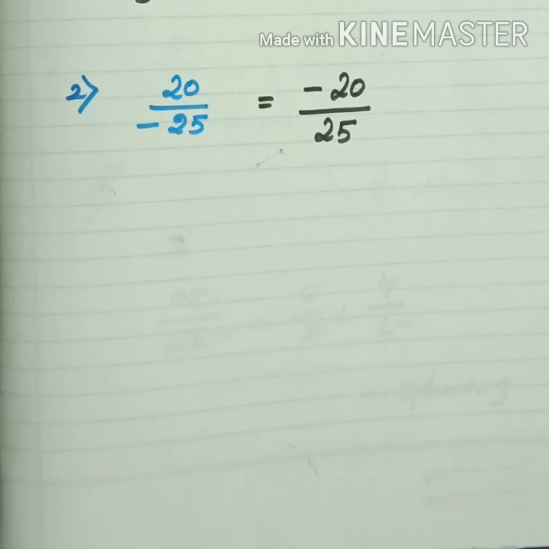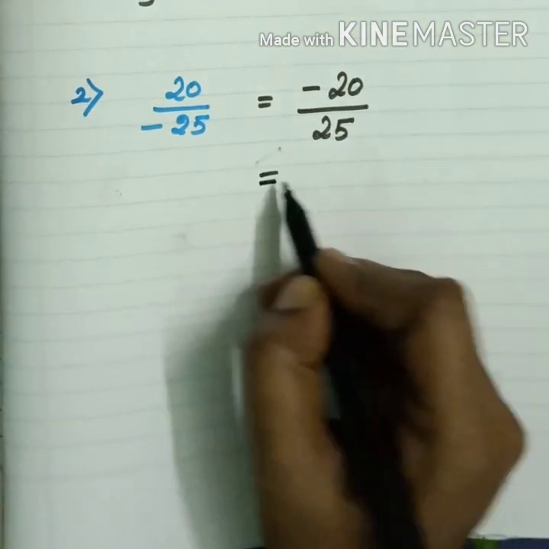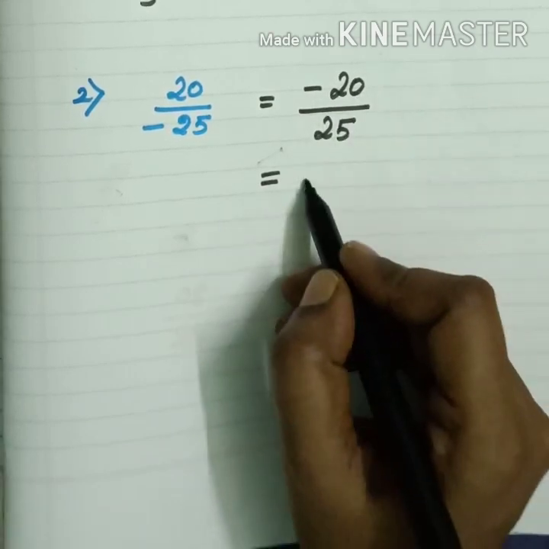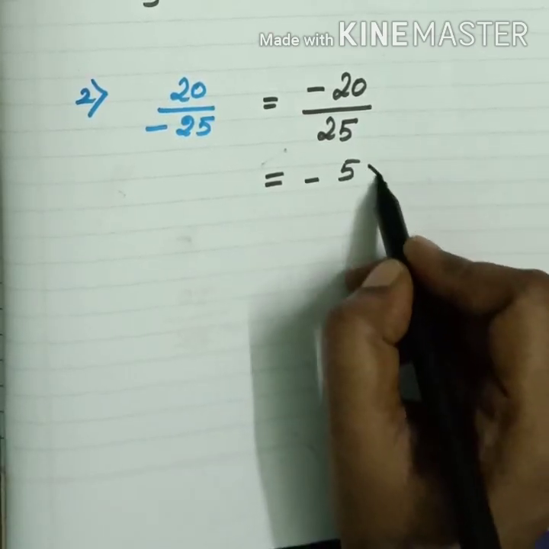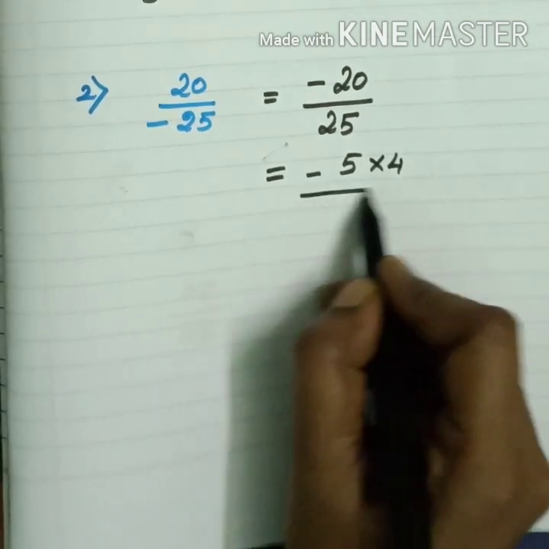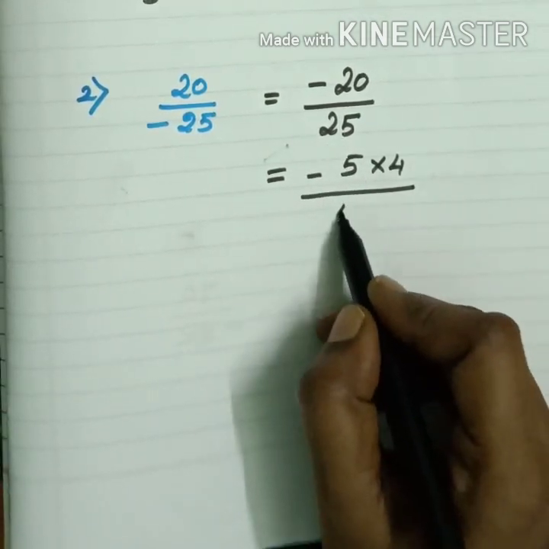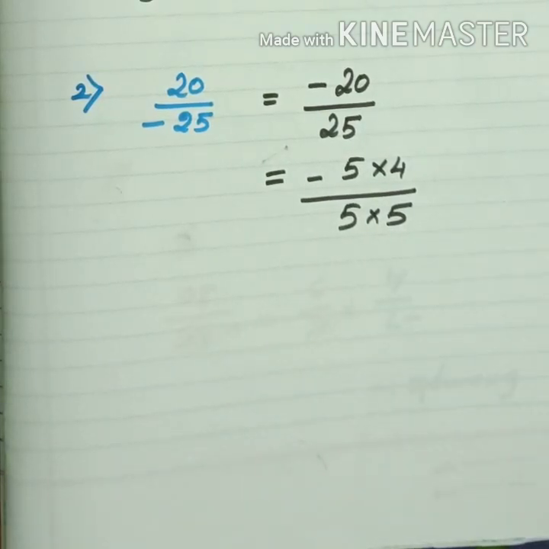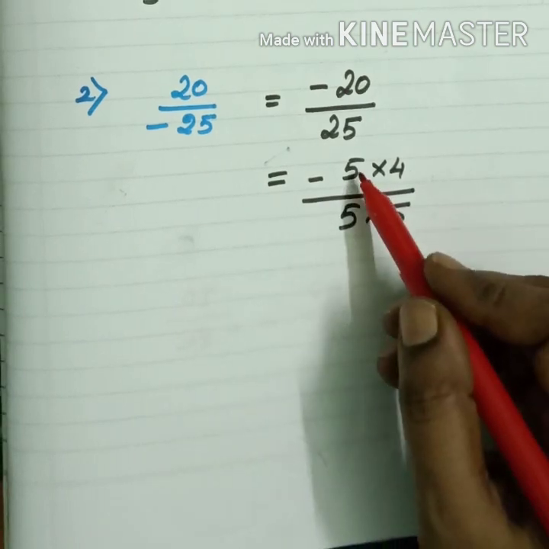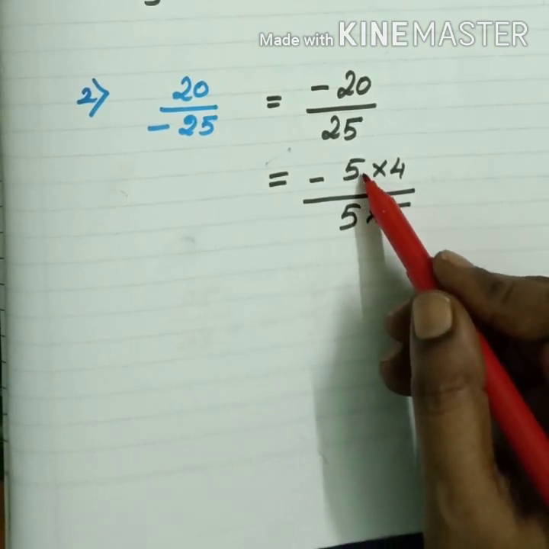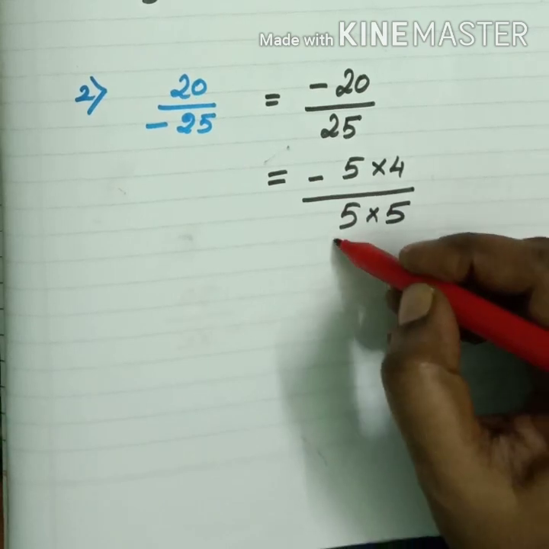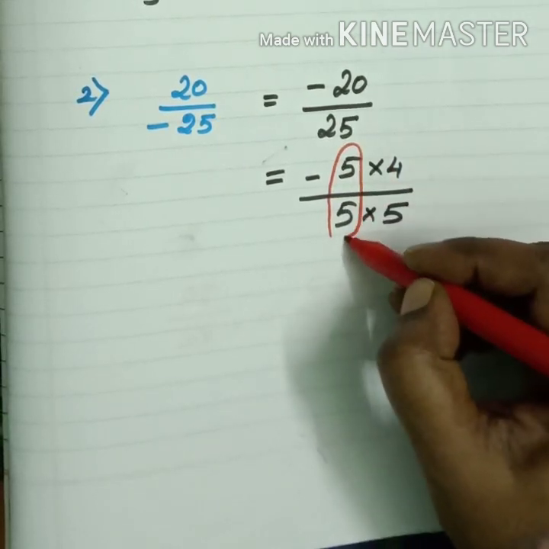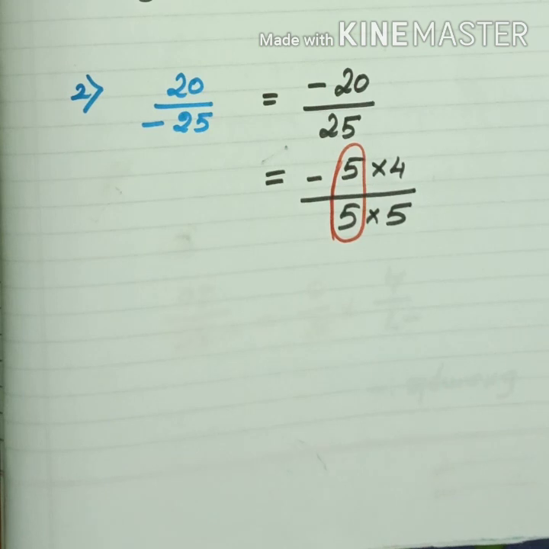You know that 20 can be written as 5 fours are 20 and 25 can be written as 5 fives are 25. The common factor between the numerator and the denominator is 5. The common factor gets cancelled.